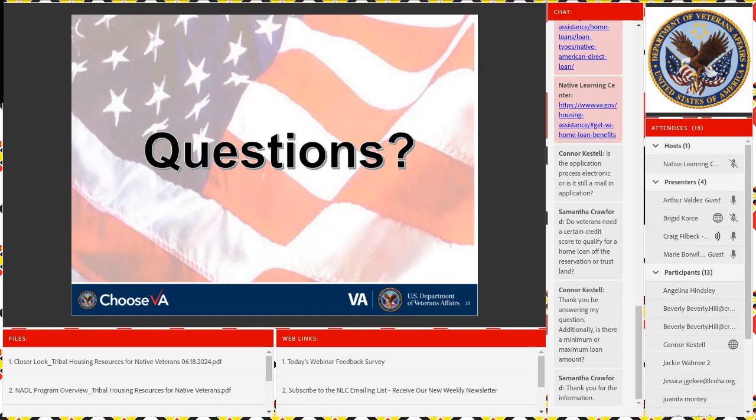Character of service and length of service is kind of an open-ended question, and if it's a specific situation, I would refer that person to our loan production department, the people that issue the COEs.